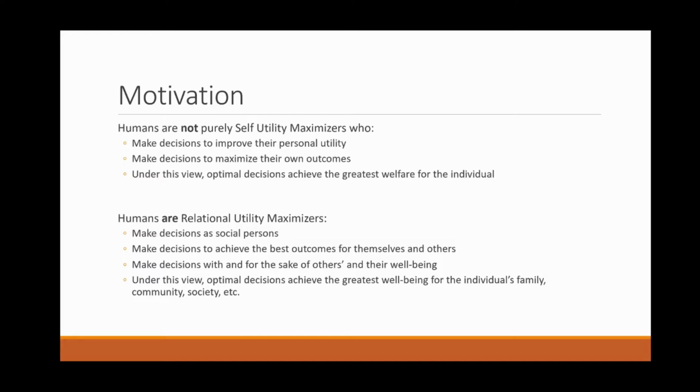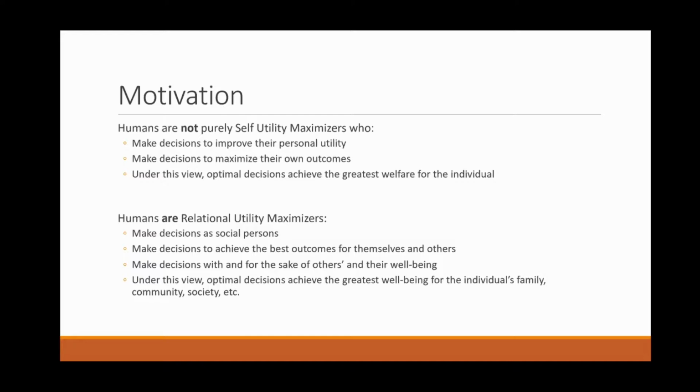When we as humans make decisions, we don't only consider how our decisions affect ourselves, we also consider how our decisions affect the people around us, the people with whom we are in relationship. It could be our family, friends, colleagues, community, society, the world. We make decisions as social persons. We make decisions to achieve the best outcomes for ourselves and for others. We make decisions with and for the sake of others' well-being.